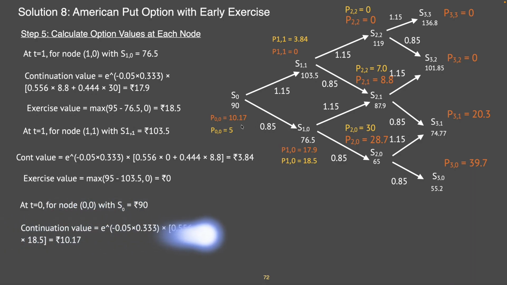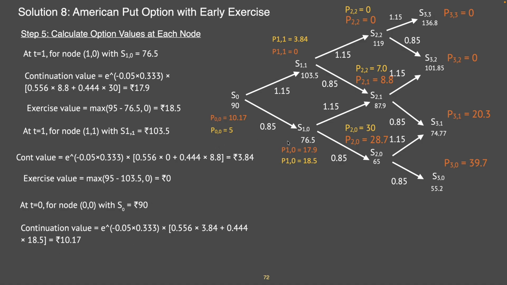At t is equal to 0, the continuation value using the formula e to the power of minus 0.05 into 0.333 into 0.556, this is the risk neutral probability, into 3.84, the continuation value, plus 0.444 into 18.5, this is the exercise value.